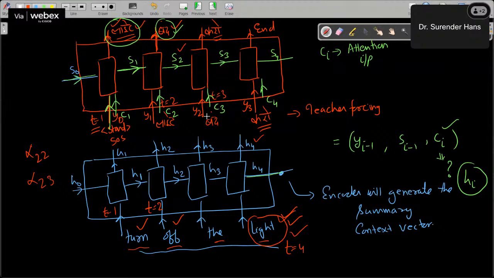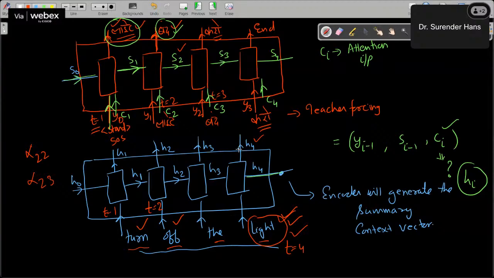Okay, so this input, C1, C2, C3 and C4, will be the weighted sum of H1, H2, H3 and H4. Based on this, how much of the role does H1 play to print this word, how much of the role does H2 play to print the next word, and how much of the role of H1, H2, H3 and H4 to print this one.